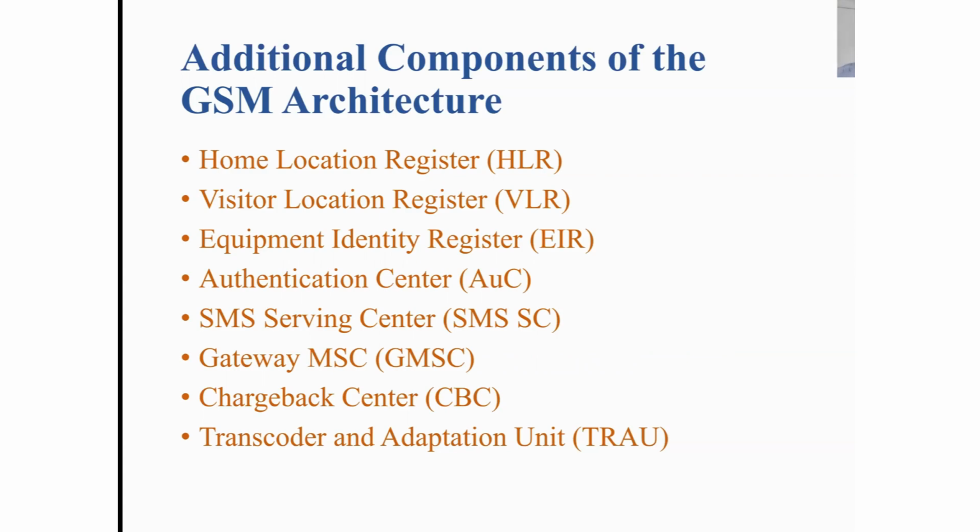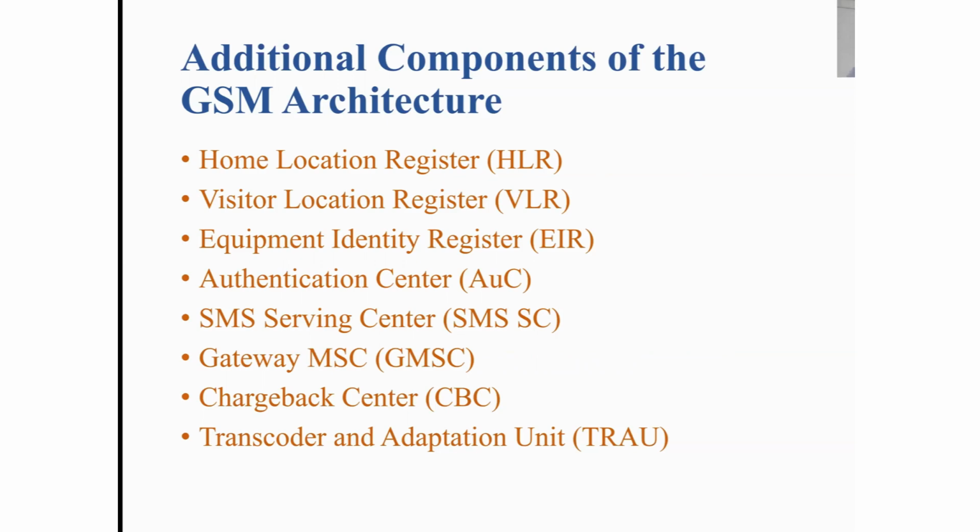And the visitor location register is also a database, but it is a temporary database. The home location register is a permanent database because once we purchase a SIM, our information will be permanently stored in the home location register. The visitor location register is a temporary database which stores our data for a particular time.